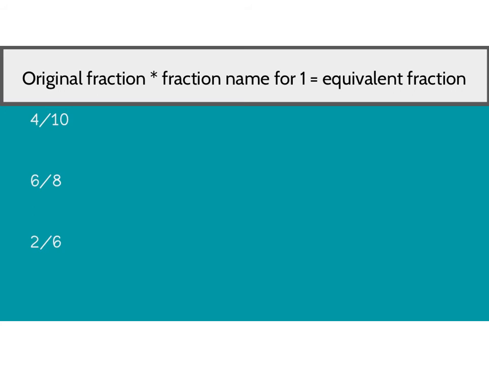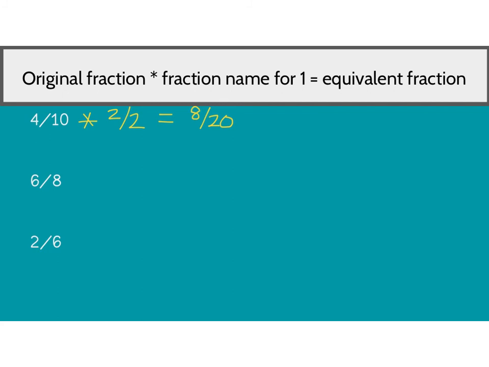For example, let's say that I decide to multiply this times 2/2. This would give me an equivalent fraction of 4 times 2 is 8, and 10 times 2 is 20. 8/20.